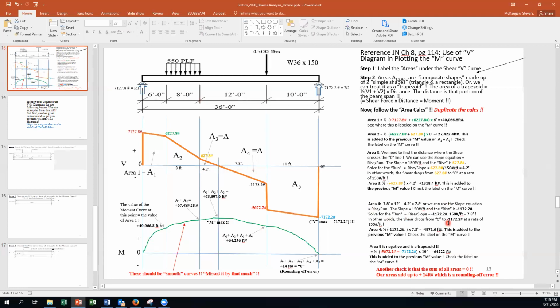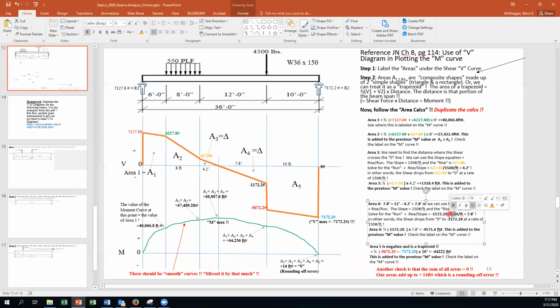Or we go back to the equation, minus 1172.2 divided by 150 pounds per foot equals 7.8.